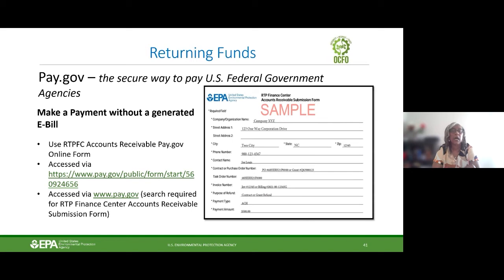This link is an account for the RTP Finance Center, and we will receive those funds via this link.